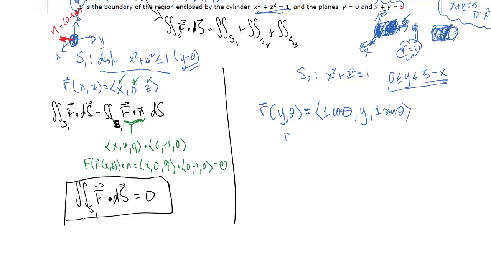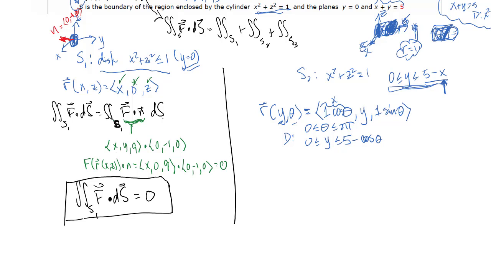Now, our given domain here is going to be limits for the theta variable, which goes all the way around from 0 to 2 pi, and limits for the y variable, which we've already identified as going from 0 to 5 minus x. Now, unfortunately, I don't have an x in my parameterization, but I do have an x defined by y and theta, or just theta in this case. So instead of x, we're going to use cosine theta. So this will be our limits of integration.